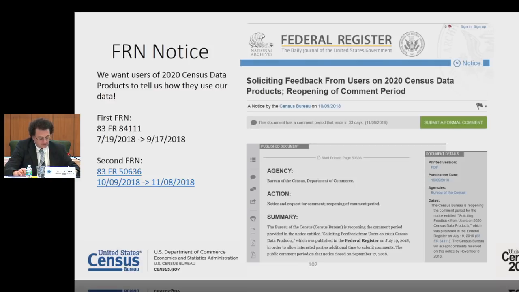We asked many detailed questions about specifically which tabulations are required and at which levels of accuracy. We got back more than 100 responses. However, we want to make sure that everybody who wants to use these data is able to send us their requirements, so we've reopened the FRN and are taking comments until November 8th, 2018.